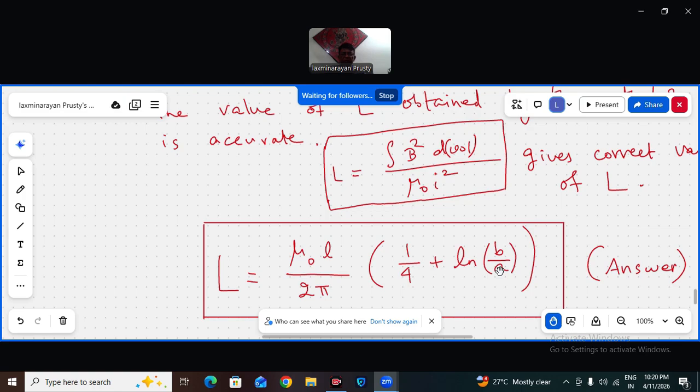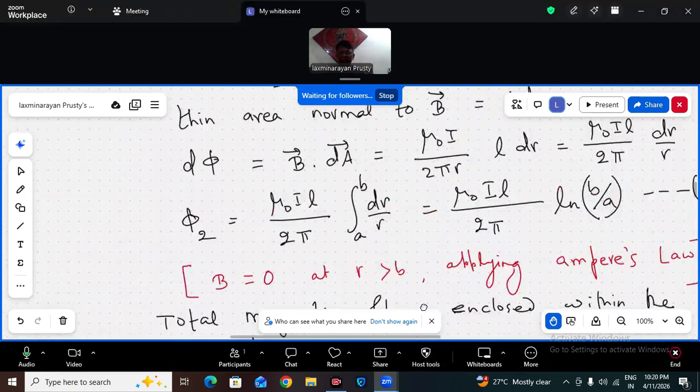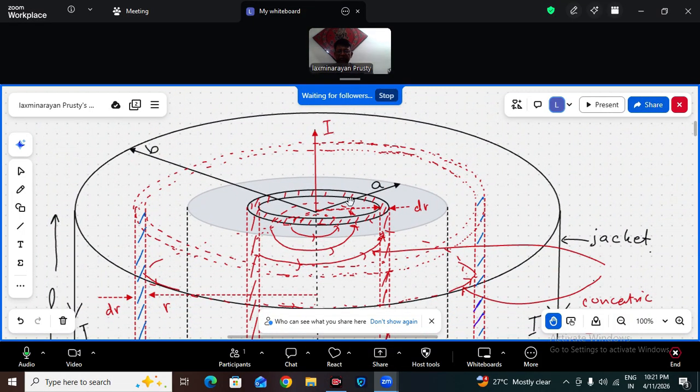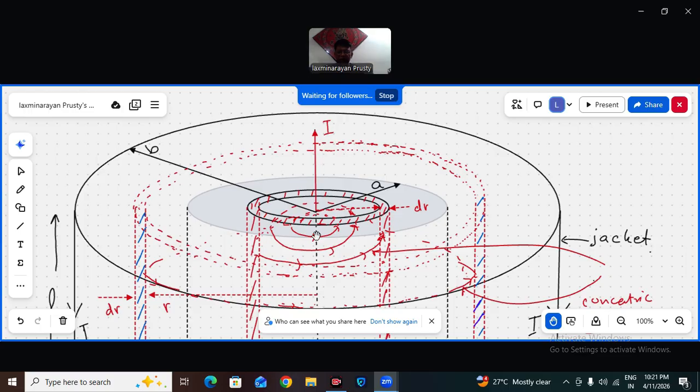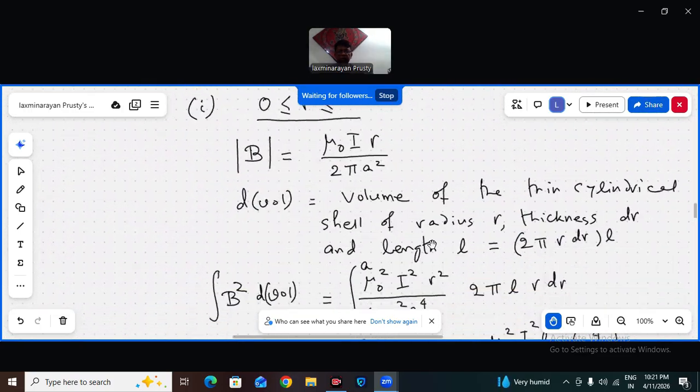If a is very small, this is just a thin wire, the cylinder radius a tends to 0, then the b by a ratio will be quite large.